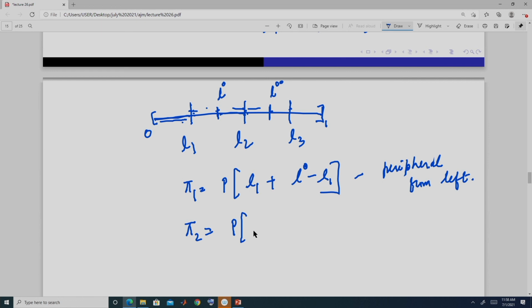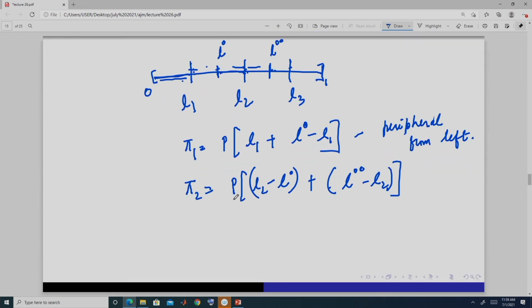So, its location is L2, so it is L2 minus L naught, plus L double naught minus L2. And the profit of firm 3, which is peripheral from the right, is going to be this much.